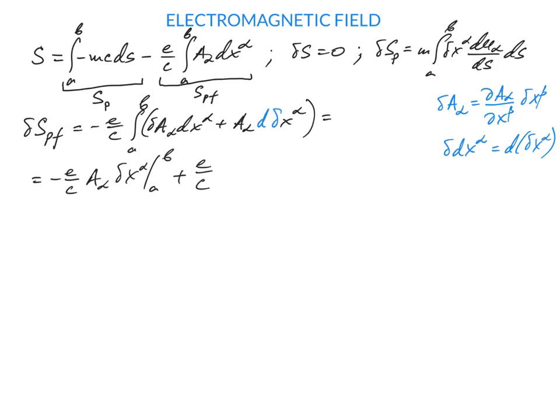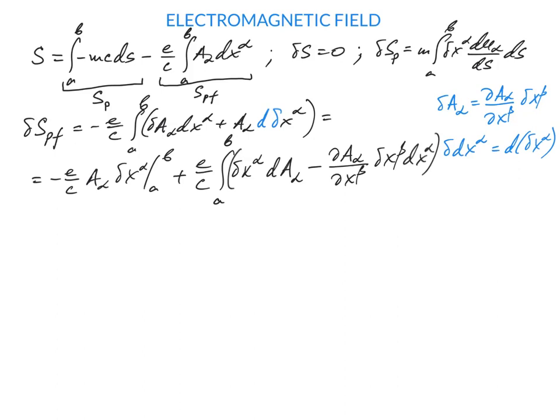And the remaining term will go like delta x^alpha dA_alpha. That's from the second term. And from the first term, we'll have minus dA_alpha/dx^beta delta x^beta dx^alpha.